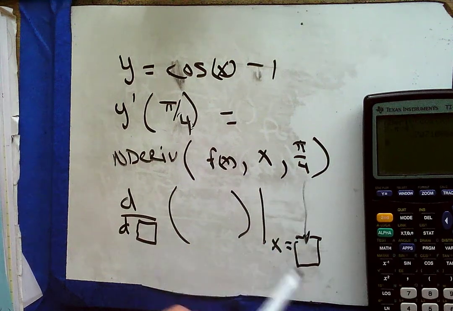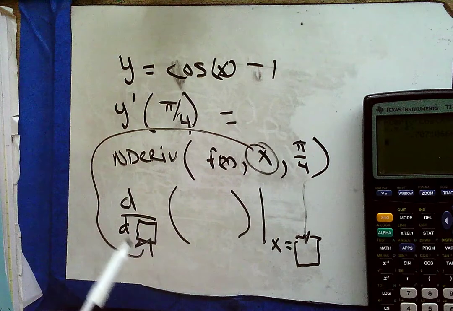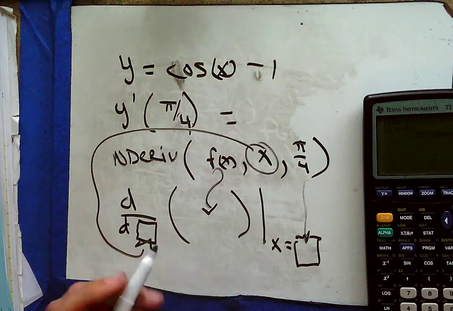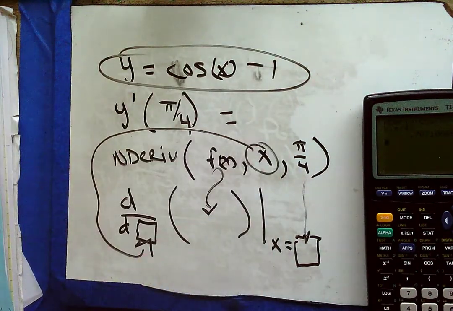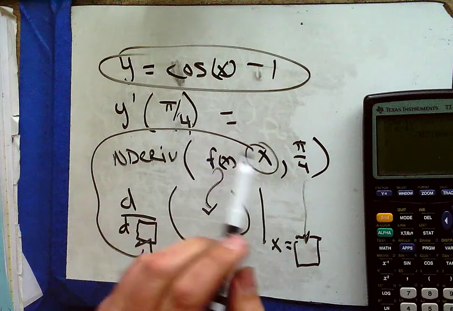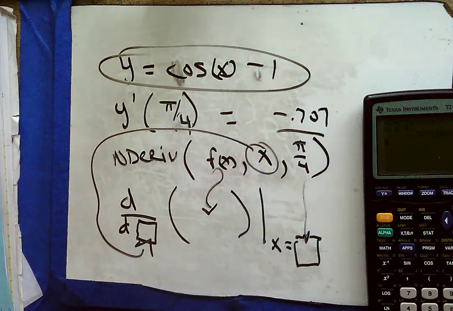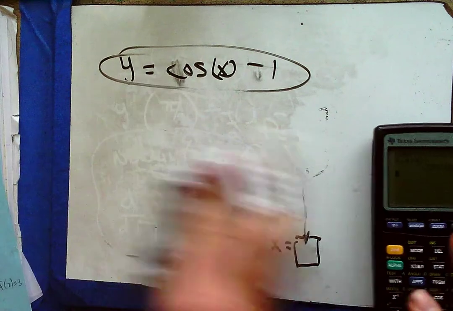So this one goes here, and this one goes in here, and the function goes there. Okay? Make sure you can take the derivative of that on your calculator at pi over 4, and I got negative 0.707. So just for you to check your work, you might want to pause the video and check.